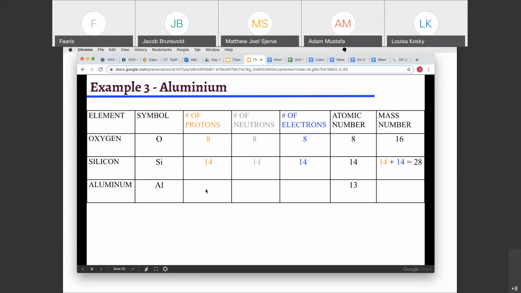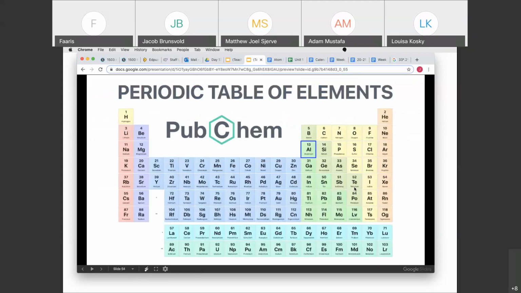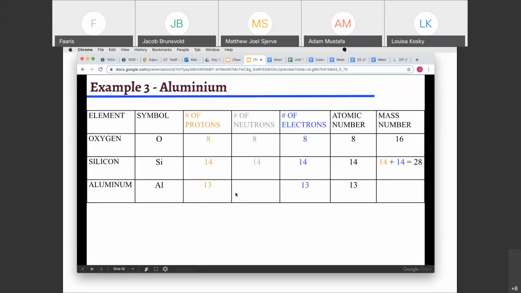Yep, it's just the same as the atomic number. The atomic number is 13. And so our number of protons and then subsequently our number of electrons, these three are always going to be the same. Keep in mind, though, the number of neutrons could be different. And in fact, it is going to be different for this one. So before we do neutrons, let's do the mass number.